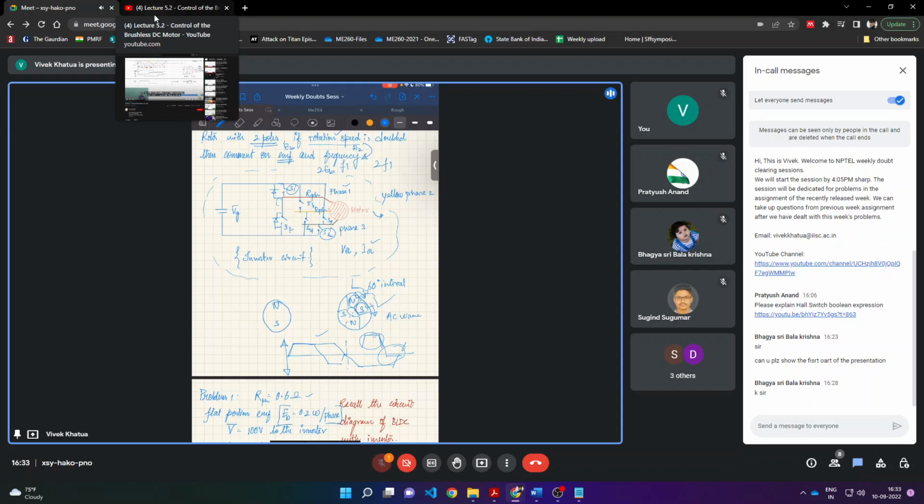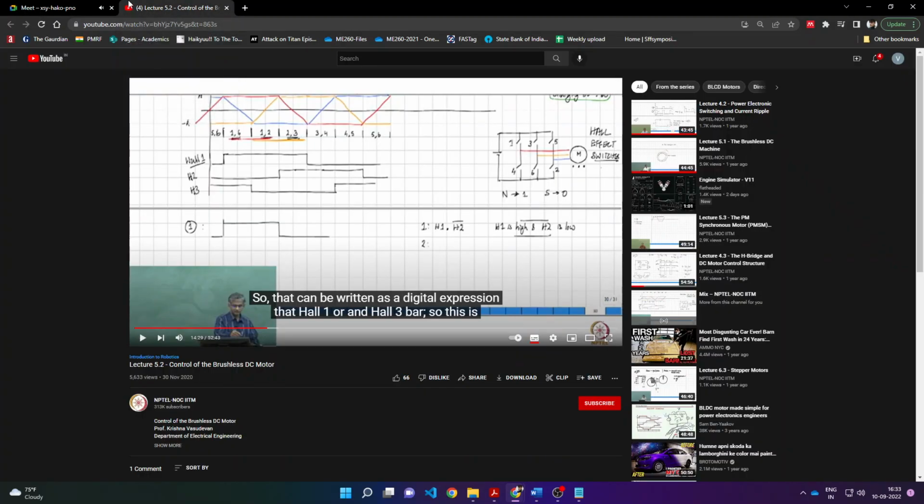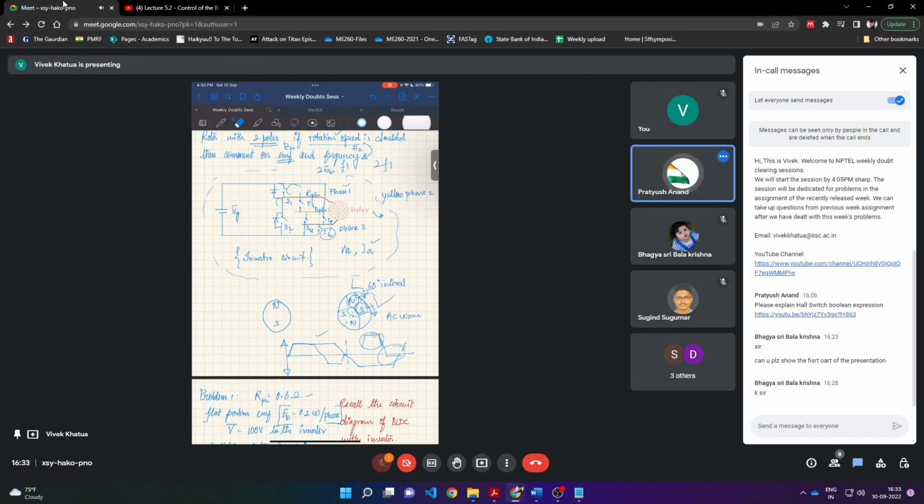But he has given it as S1, S2, and the switch 2 is with the third phase, if I'm not mistaken. S1, S2, S3 and S4 he has given differently, and S5 and S6 too. 1, 3, 5 are the same, but for 2, 4, 6 there will be a difference.